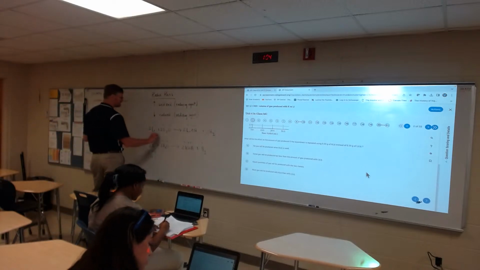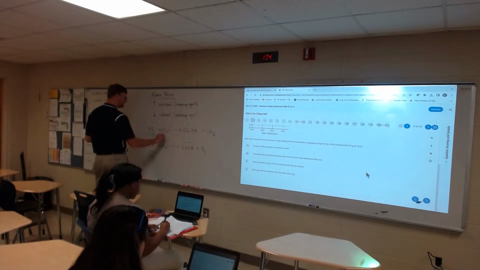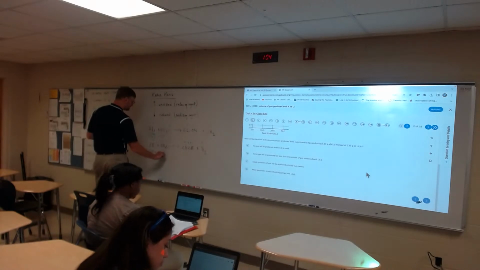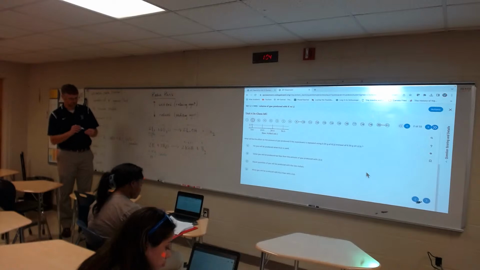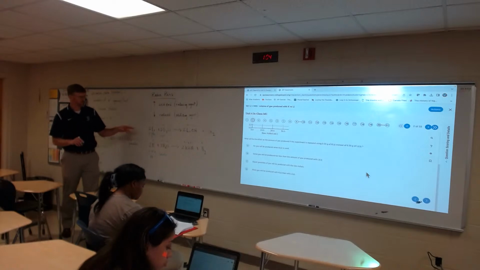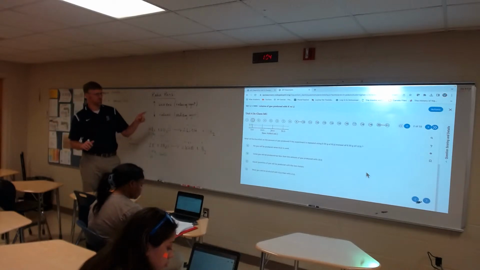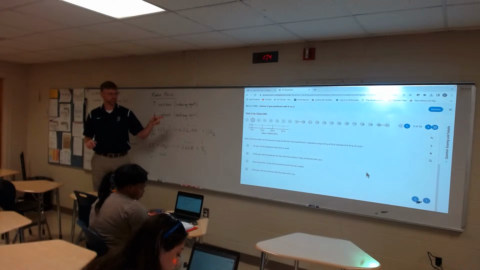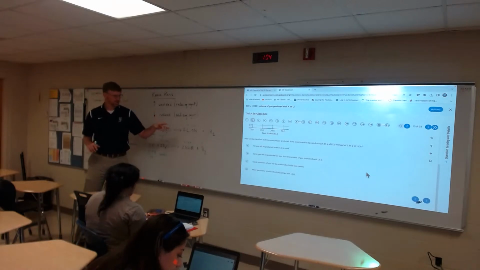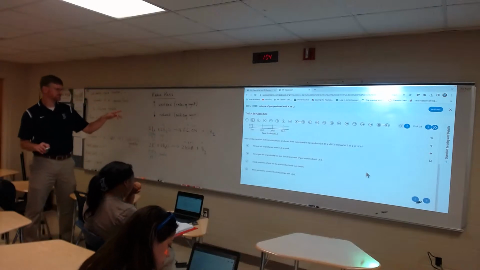So this is the larger answer here. This is the smaller answer. We're going to have to get actual numbers, all right? So the lithium reaction is going to produce more hydrogen, even though it's going to do it slower. But you're going to get more of it using the same mass. Okay. So what answer is that?